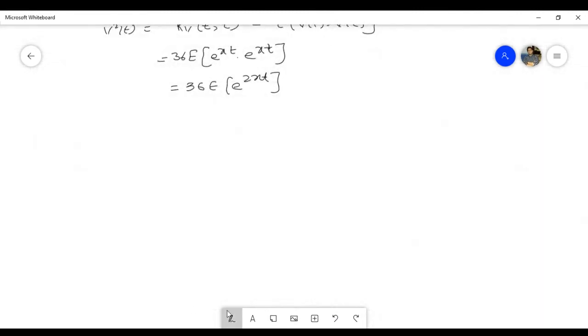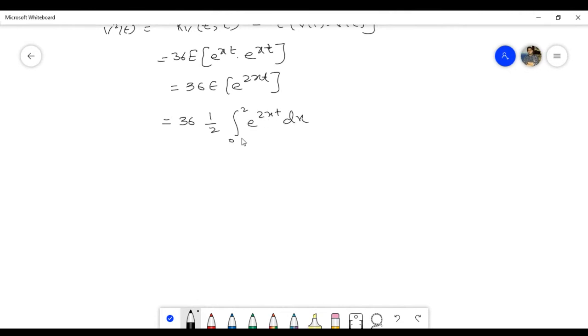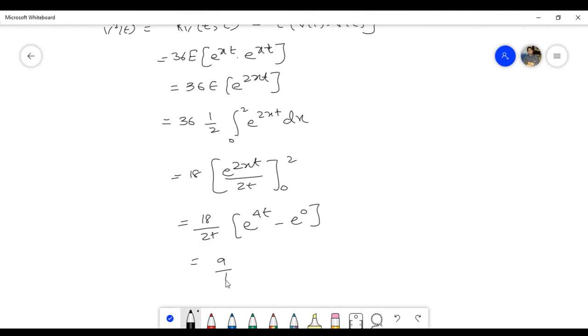So it will be like 36 times 1 by 2, integral from 0 to 2 of e^(2xt) dx. It will be 18 e^(2xt) by 2t from 0 to 2. I can write it as 18 by 2t times (e^(4t) minus e^0), which equals 9 by t times (e^(4t) minus 1).